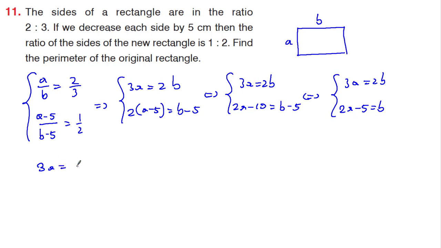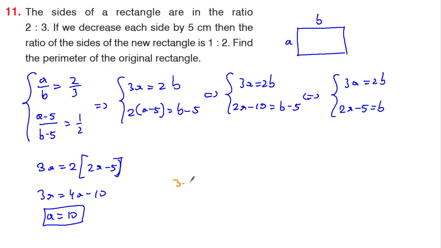So I get 3a is actually 2 times 2a minus 5. So 3a is 4a minus 10. That gives us a is 10. Well, if a is 10, the other side I can substitute here, 3 times a, which is 10, is 2b. 30 is 2b, b being 15.